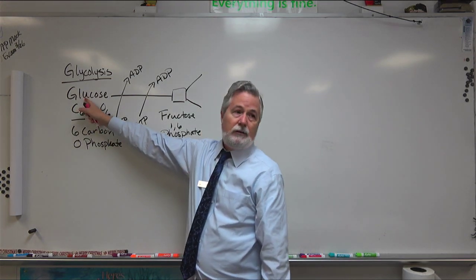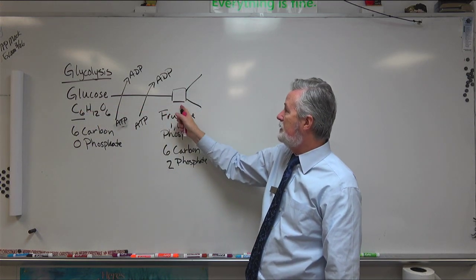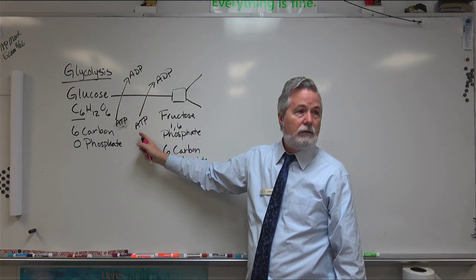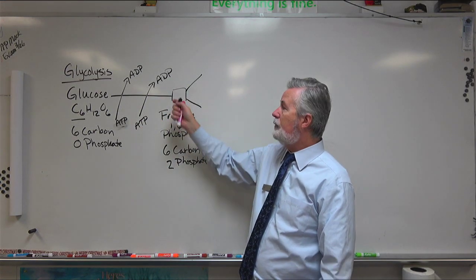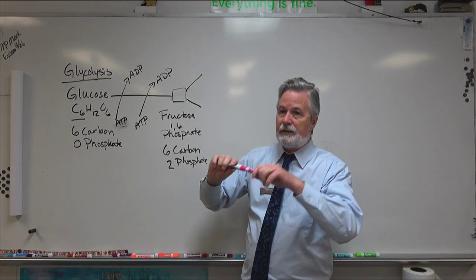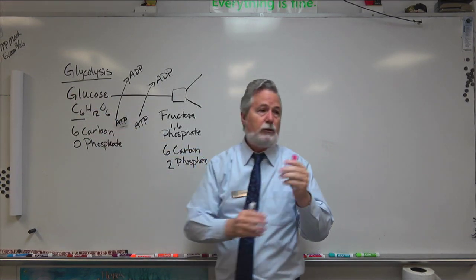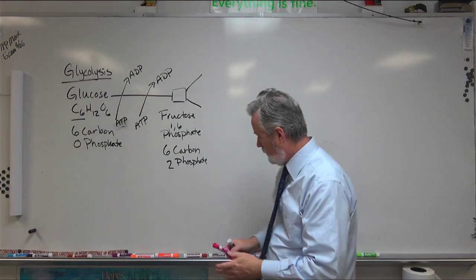We have potential energy in any molecule, so the amount of potential energy changes. In this case, it's going to increase. Why does it increase? Because the ATP added that energy in, and we're doing it to get it in such a way to where it's easy to split. Because it's really hard just to split the glucose right in half. Are we okay? Yeah. Okay, great.